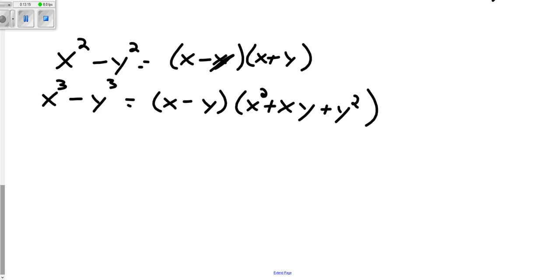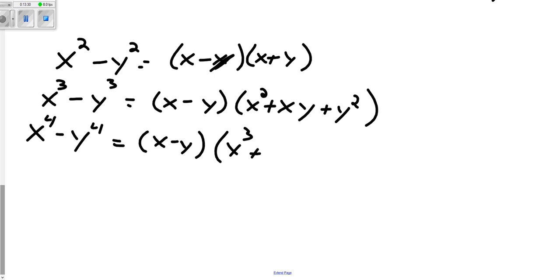Let's do difference of fourths. So same as before. Okay, good. It's same, negative, then all positive.